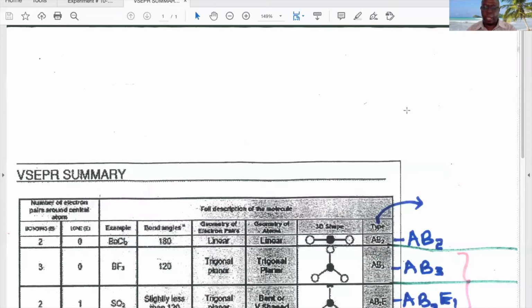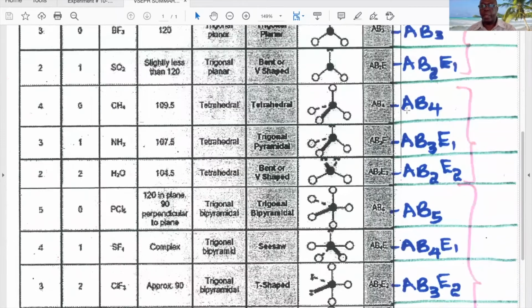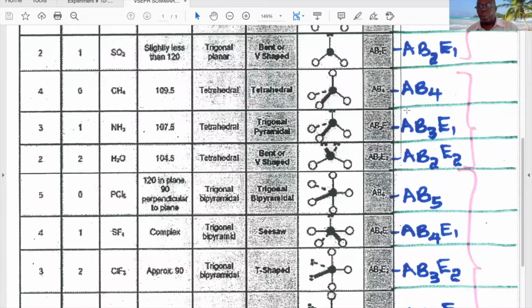You're going to use this in the quiz as well as the exam. Using the last column here, I had to rewrite this. Sometimes they are not legible.